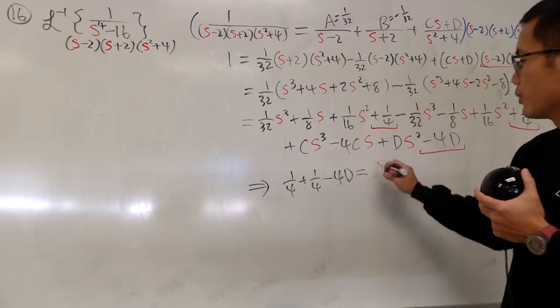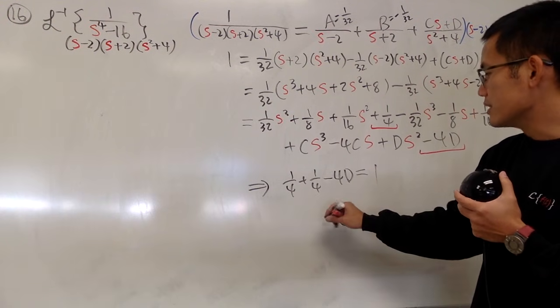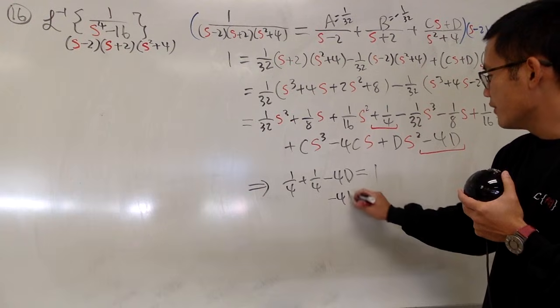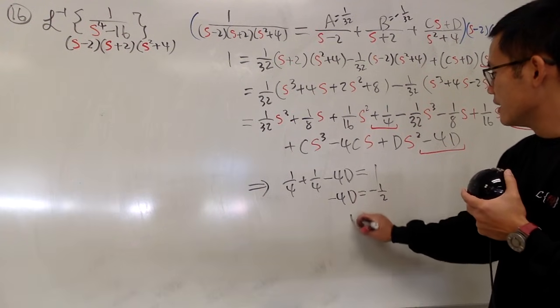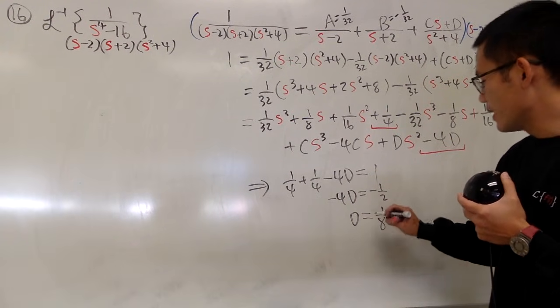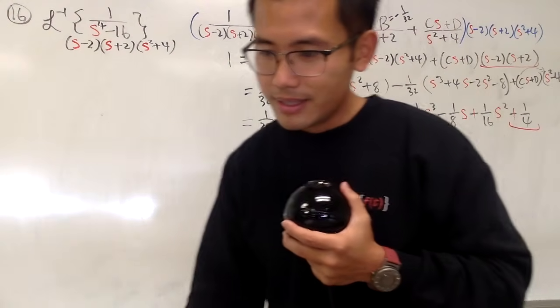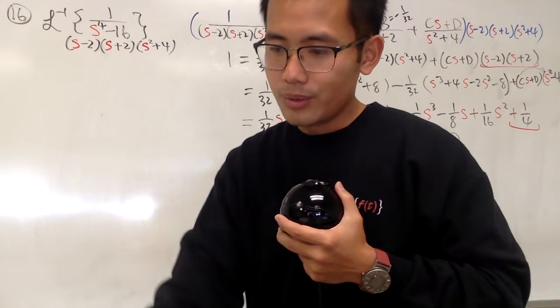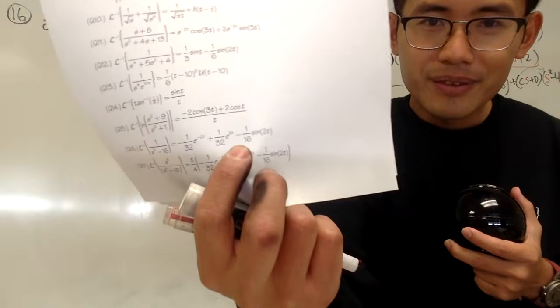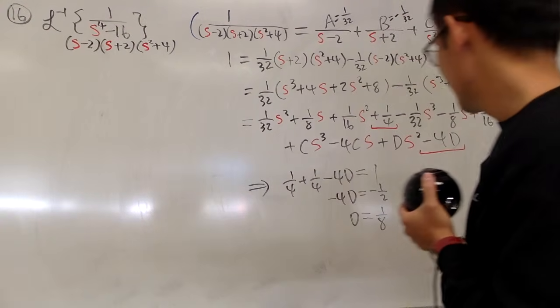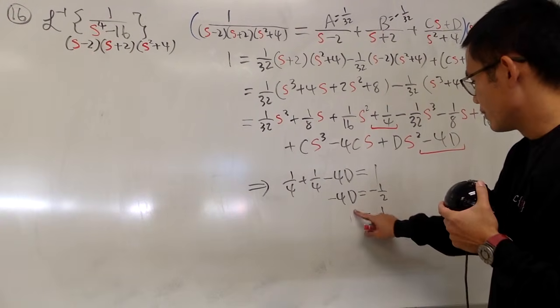This should be equal to 1. Work that out. This is 1/2. Put it to the other side. Negative 4d is equal to negative 1/2. D is equal to positive 1 over 8. So hopefully this is right. I don't know because I didn't write that down. I only have the final answer. So I hope this is right. D is equal to 1 over 8.